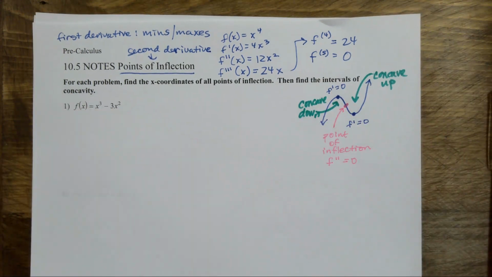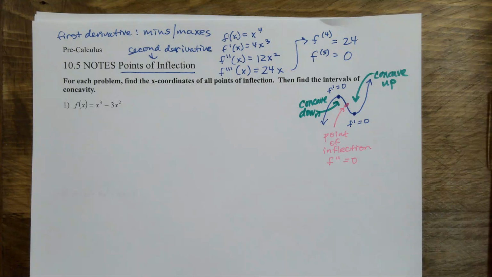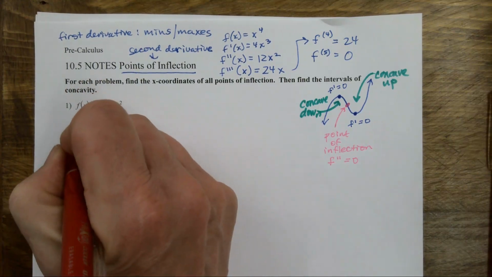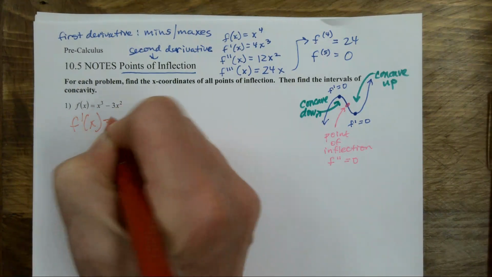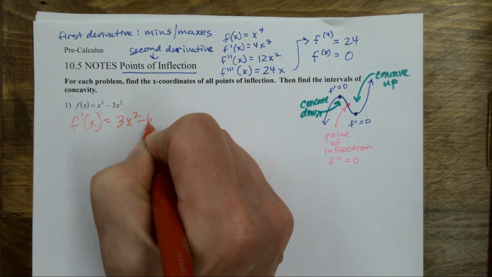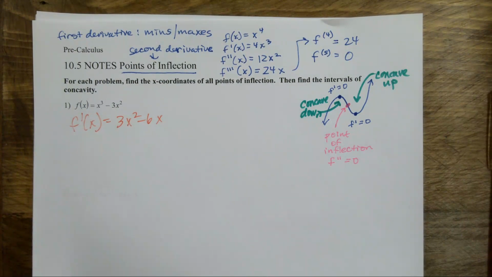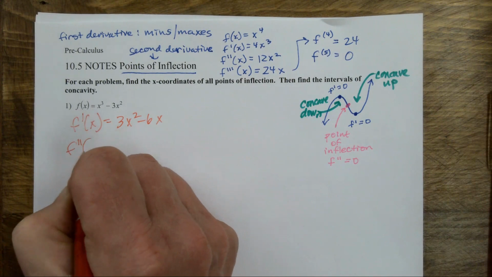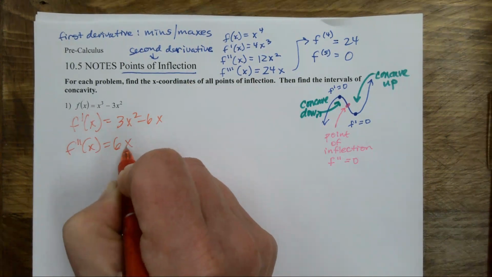So let's jump in and start it out. First derivative. F prime of x is 3x squared minus 6x. Second derivative, 6x minus 6.